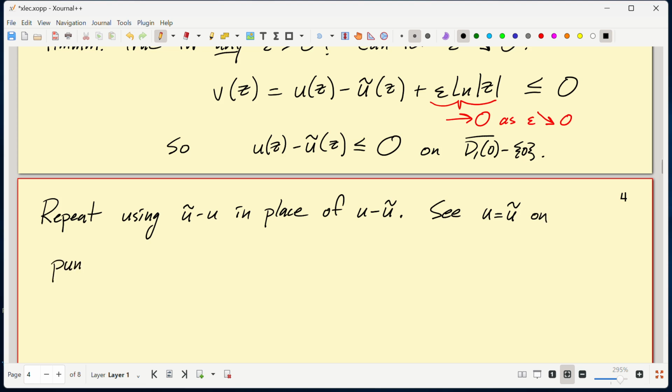So, of course, I can make u harmonic by giving it the right value of u twiddle at the origin, which is the average. So it's removable.